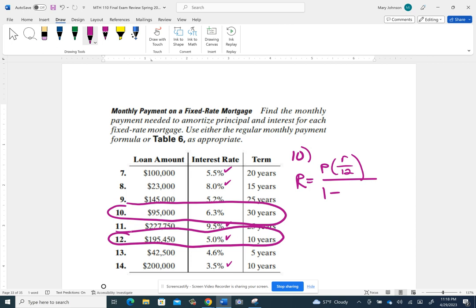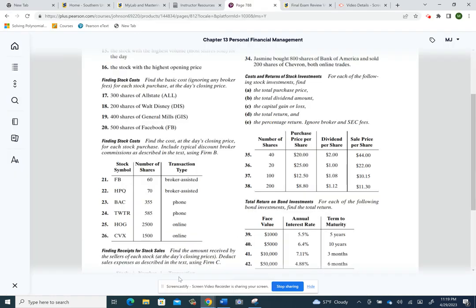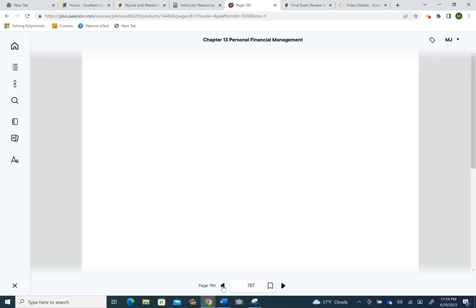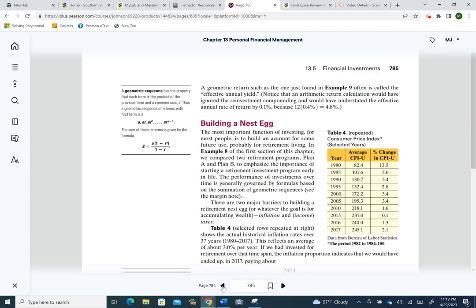let's see, what was it? Let me go make sure. I'm kind of tired right now. Let's go back and look for that formula. Let me hide that so I can go back a page. I need to go back to page 772.